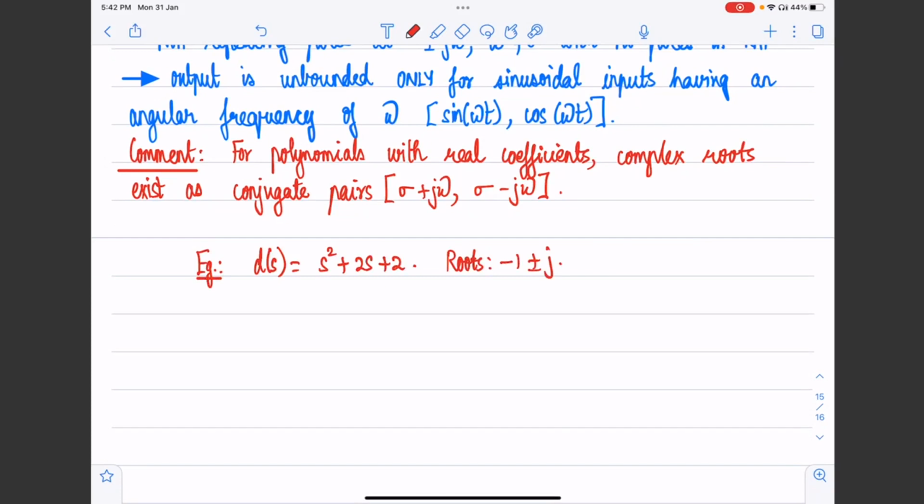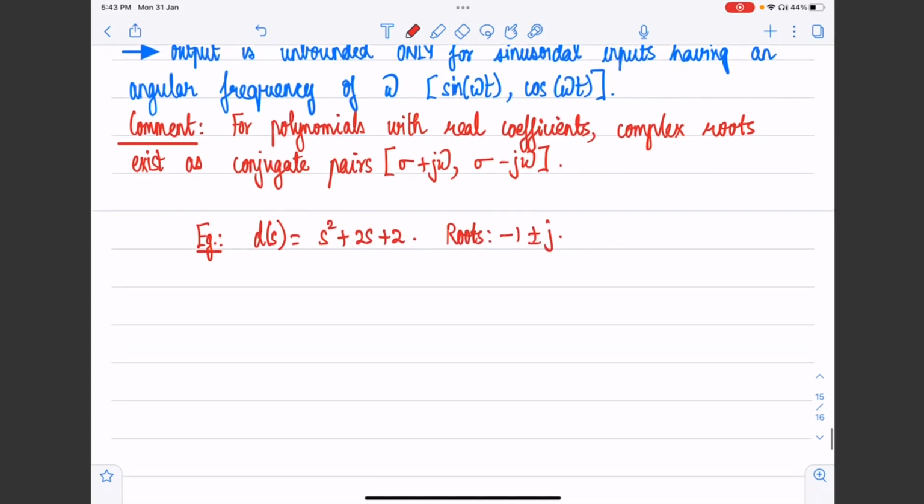The bottom line is that this is a polynomial with real coefficients, and we essentially have a complex conjugate pair as its roots. That's very important for us to remember.